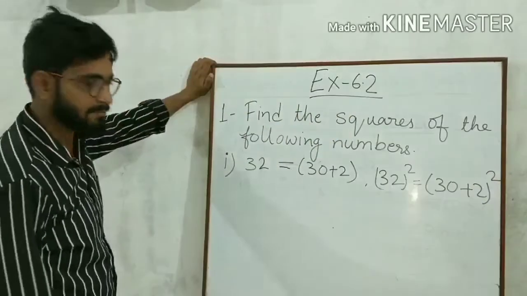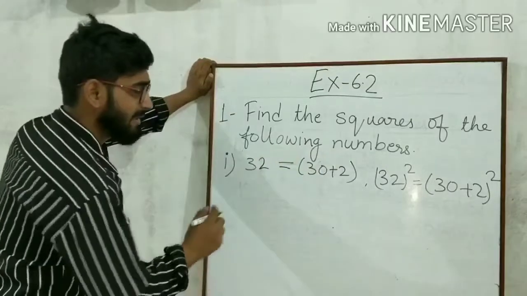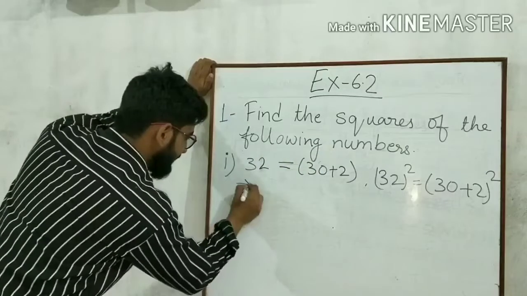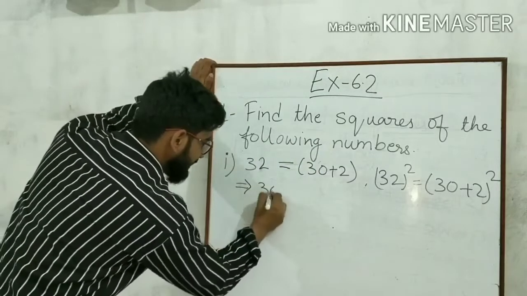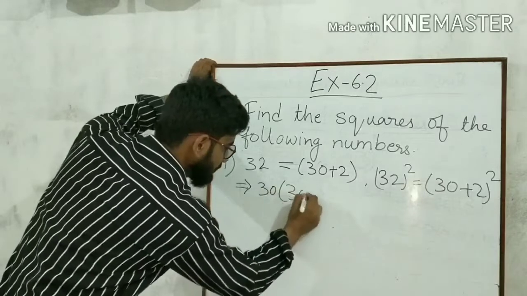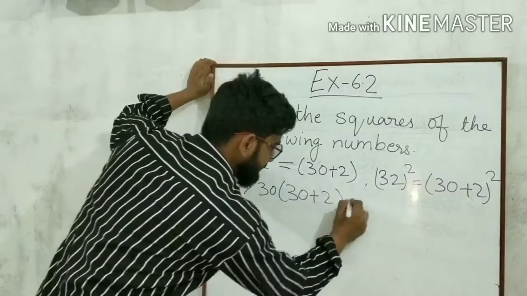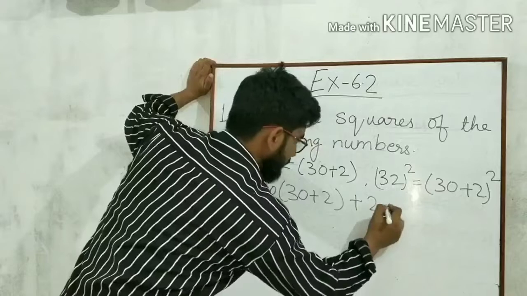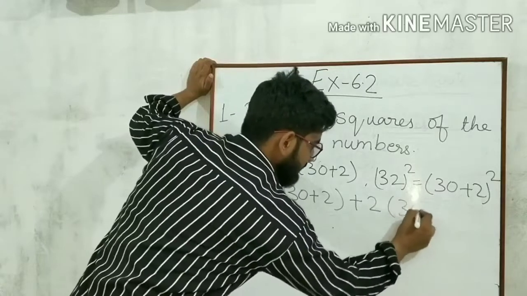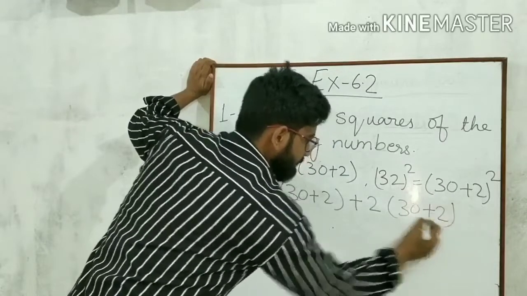And 30 plus 2 whole square can be written as 30 into (30 plus 2) plus 2 into (30 plus 2).